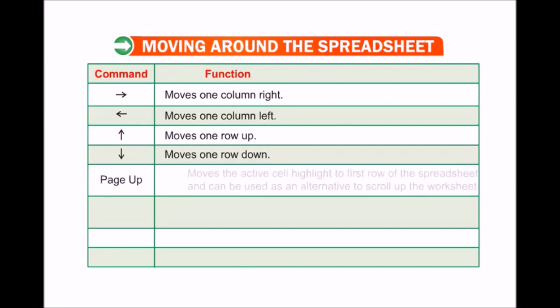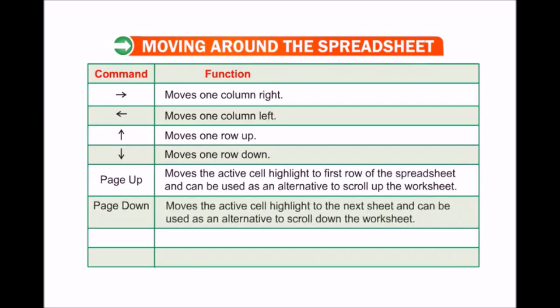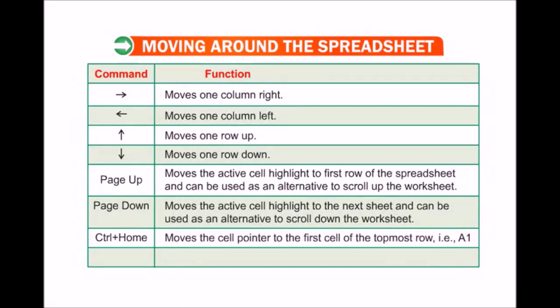Page Up moves the active cell highlight to the first row of the spreadsheet and can be used as an alternative to scroll up the worksheet. Page Down moves the active cell highlight to the next sheet and can be used as an alternative to scroll down the worksheet. Control plus Home moves the cell pointer to the first cell of the topmost row, that is A1.